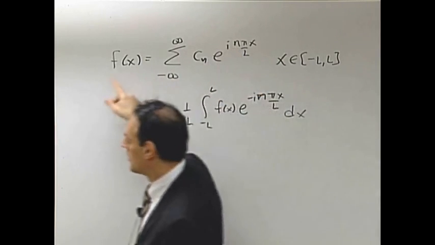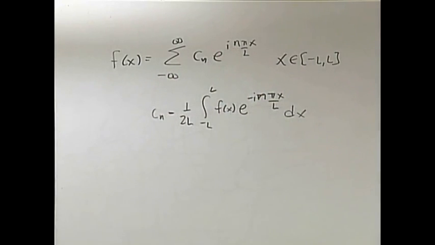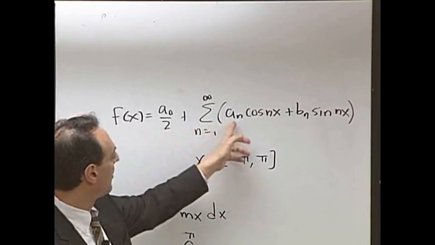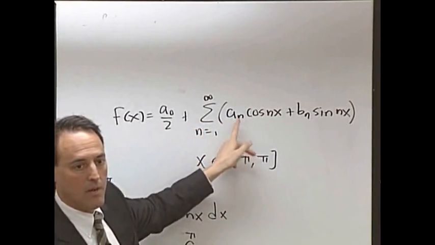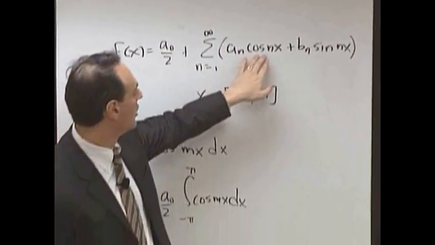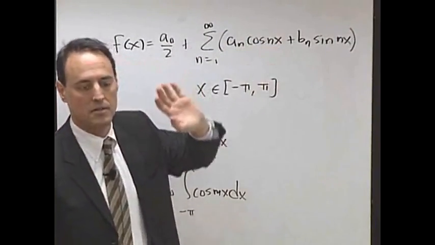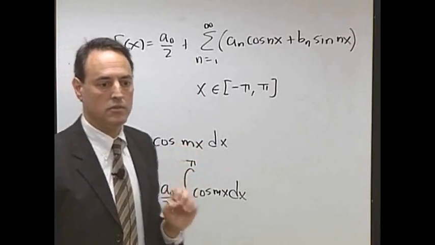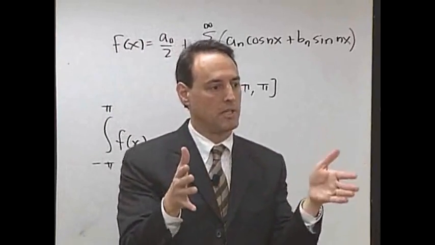Maybe I'll illustrate it actually over here. This is a little simpler. Think about what these mean right here. If I think about what the A1 represents, A1 represents cosine x, right? So cosine x has a certain frequency.